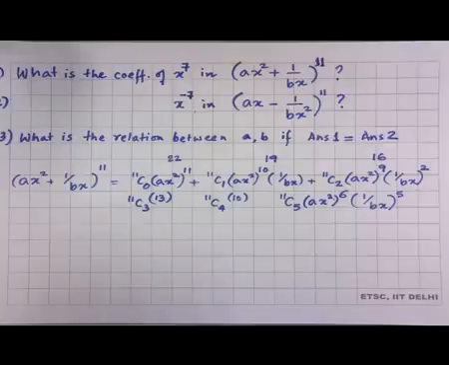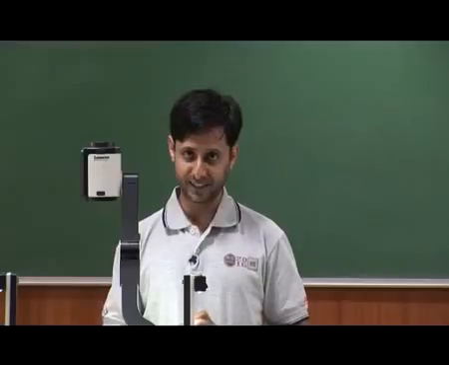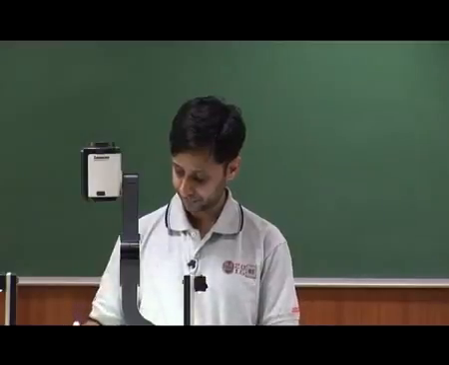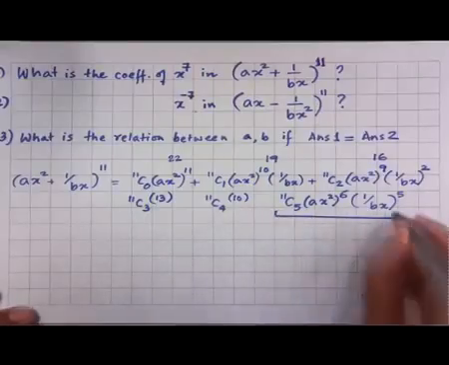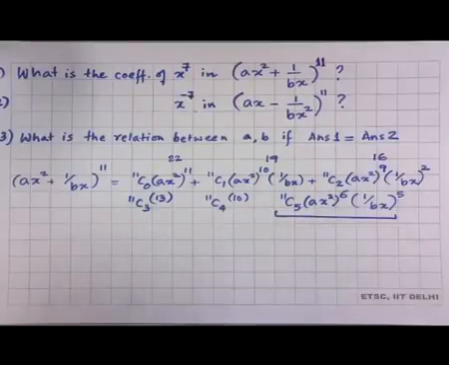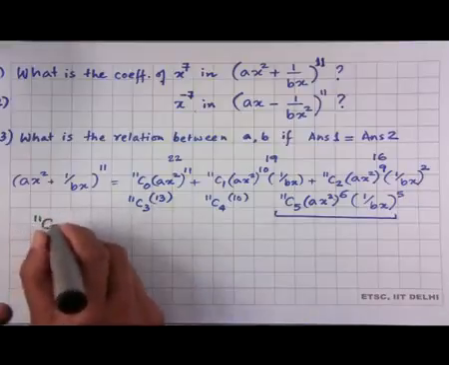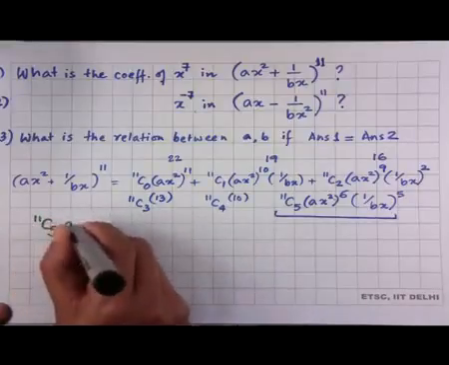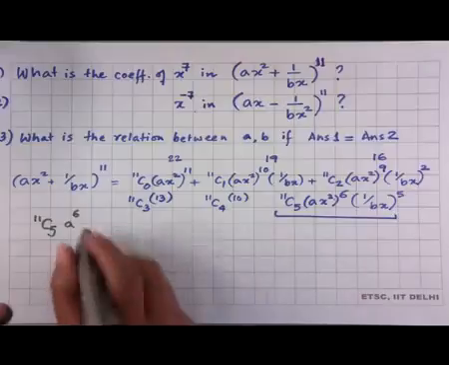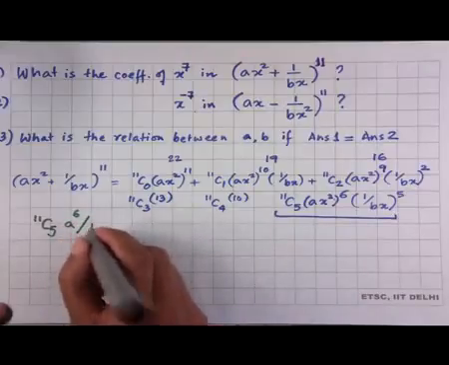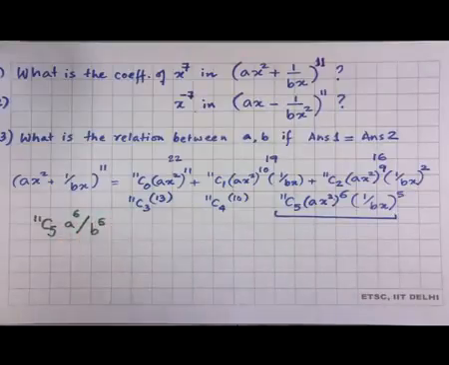So, the only term that is giving me x power 7 is this one, and clearly the coefficient of x power 7 is therefore going to be 11 C 5 times a power 6 by b power 5. All right. Great. This is my answer to question 1.